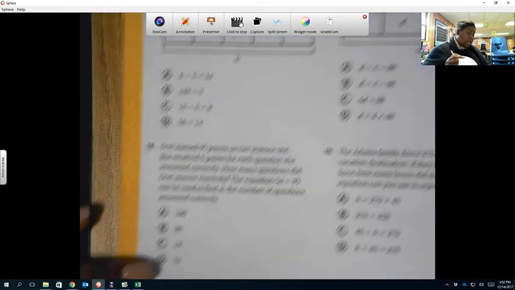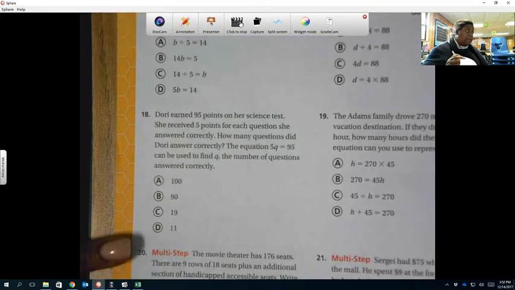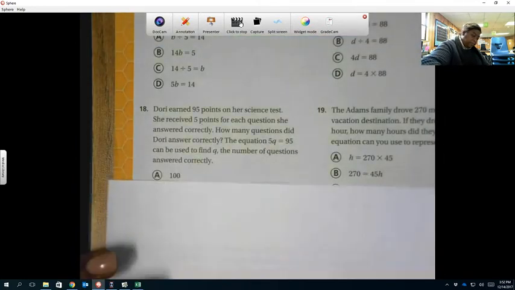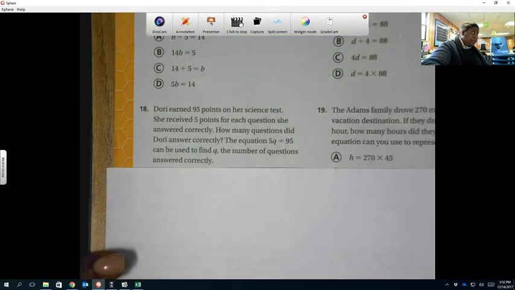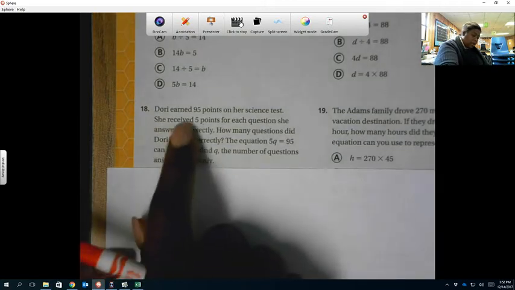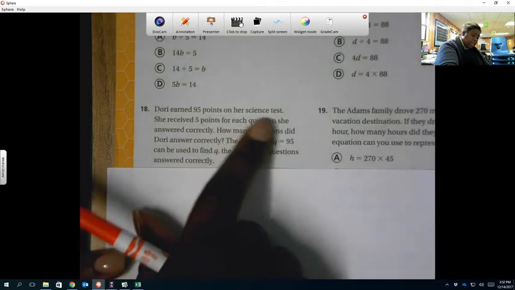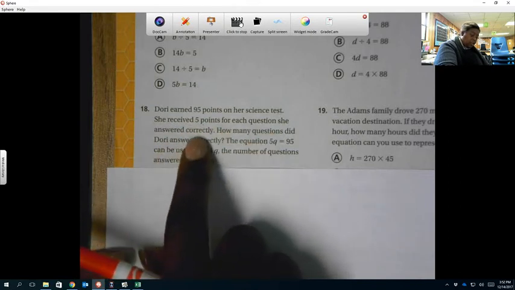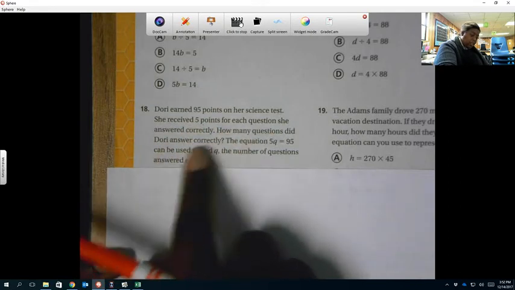The last one that I will work on is number 18. Okay. Dory earned 95 points on her science test. She received 5 points for each question she answered correctly. How many questions did Dory answer correctly?